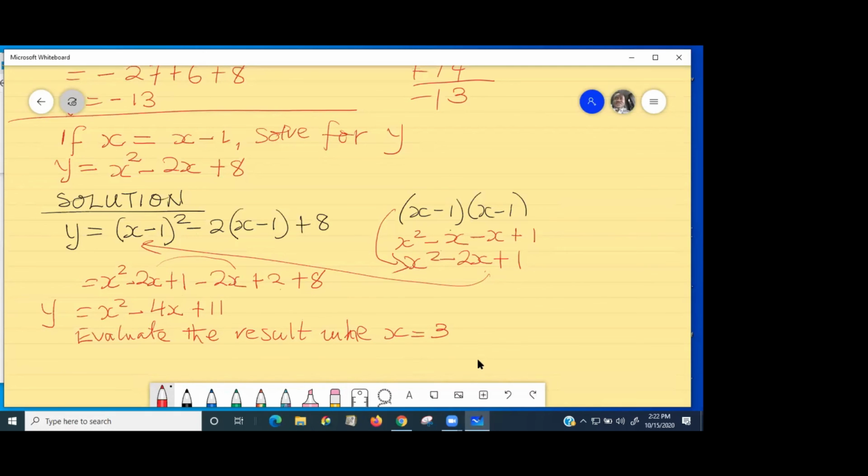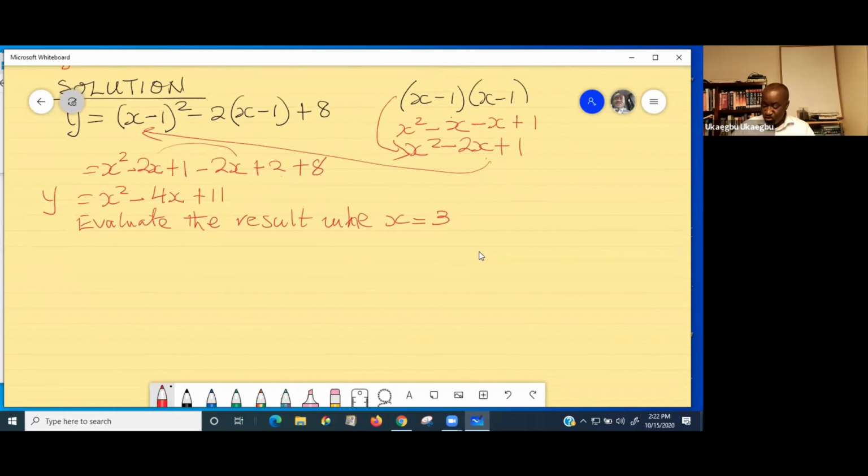So in that case, all we do is plug in 3 anywhere we see x. So y is 3 raised to power 2 minus 4 bracket 3 plus 11. And 3 raised to power 2 is 9, 9 minus 12 plus 11.